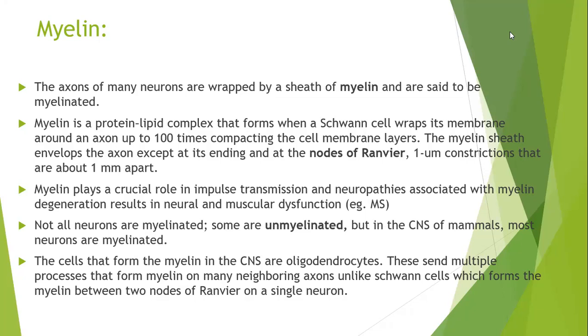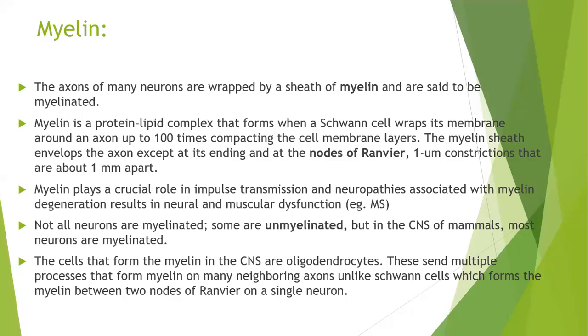Okay. So I've already mentioned that the axons can be myelinated, and they are made up of Schwann cells which wrap around the axon. And what makes up the Schwann cell or the myelin sheath? It's a lipid protein complex. Now, I'll take you back to the cell membrane.